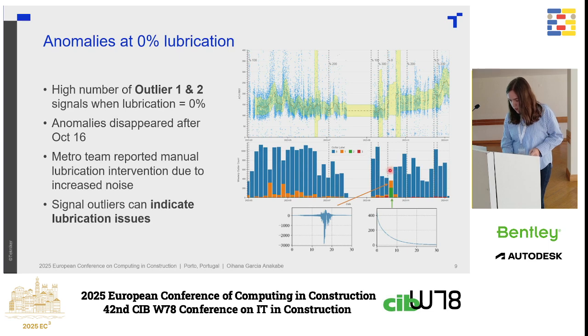Also, if you see here, the lubricators weren't putting any oil, this was fixed, and normal signals started appearing, but the metro team reported that there was increased noise in the rail, so they applied manual lubrication, and the normal signals started appearing when they did the intervention. So these two signals can give us more insights into the rail.